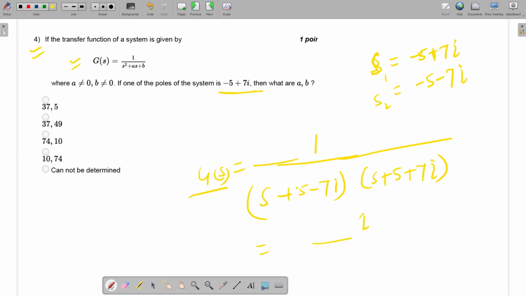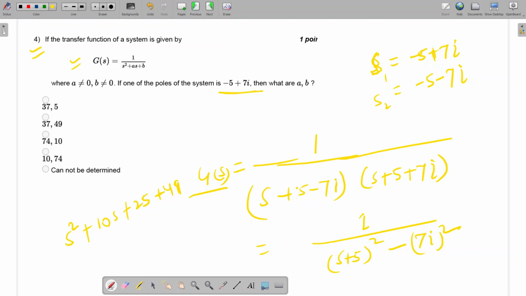That will be 1 by (S + 5) whole square minus (7i) whole square. What will be the value? S square + 10S + 25. Here i square is equal to -1, so it will be plus 49. Is it clear?